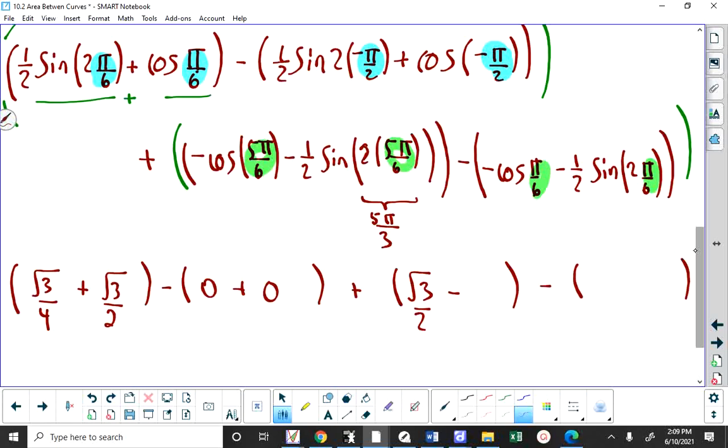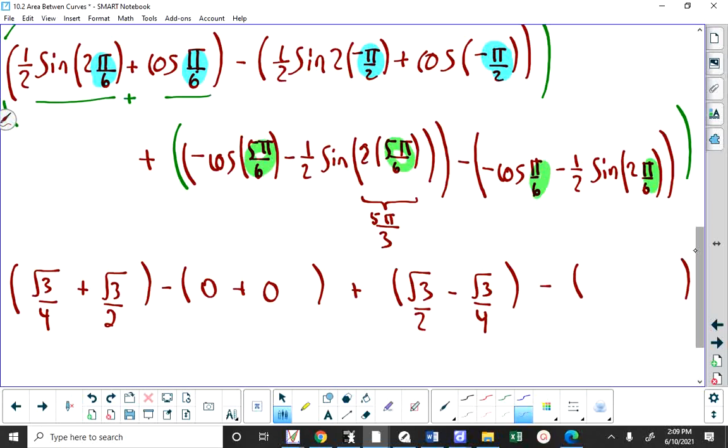The sine of 5 pi over 3 is negative root 3 over 2 times this negative 1/2 gives you negative times a negative is positive root 3 over 4. I want to double check that.